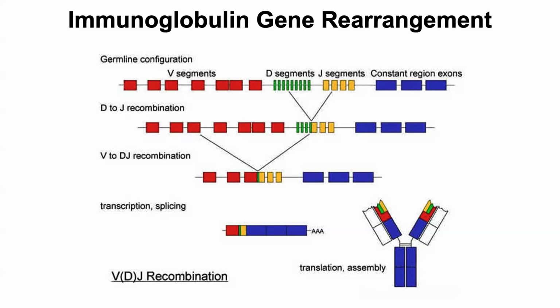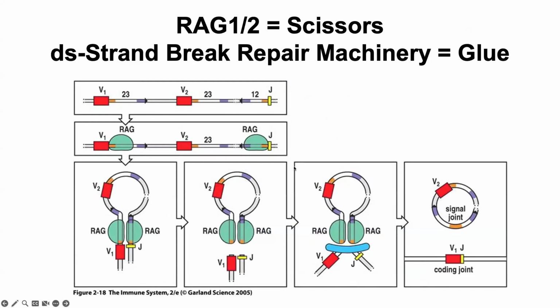But you can imagine if these were beads on a string, when you plug them together, there'd be, say, if you chose this red segment over here and this D segment in the middle and this J segment here, when you plug those together, there'd be big loops of chromosome in between them. And that's exactly what happens. You've got these big loops of chromosome that bleb out.